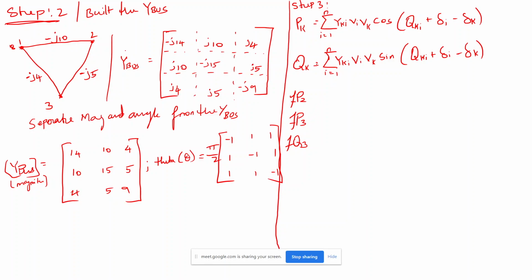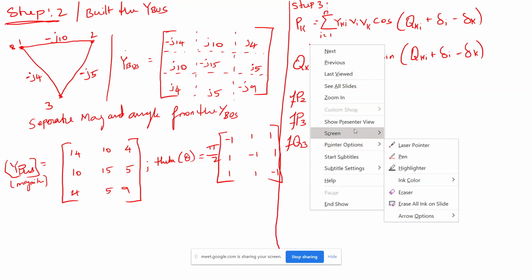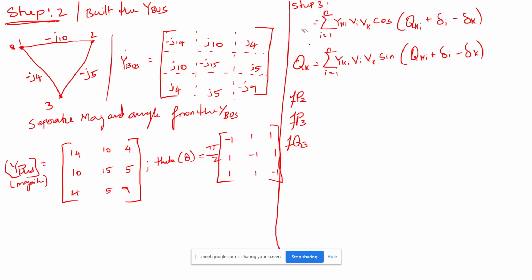Suppose I can write this equation as 0. Instead of this, if I want to make this 0, then I can write like this.